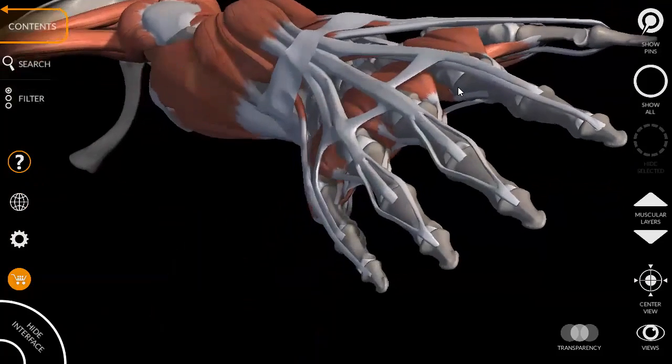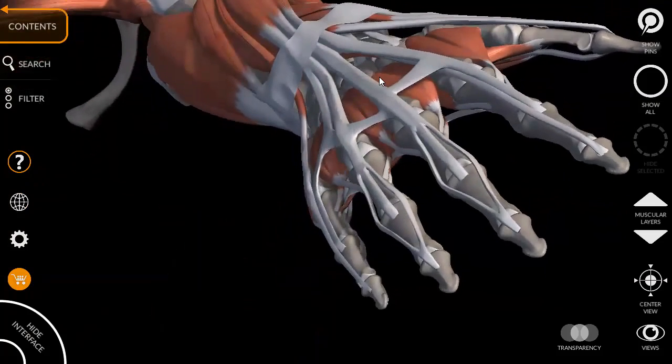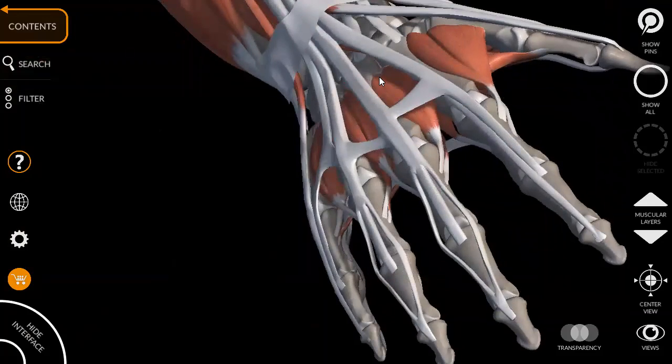This takes a lot of hours to dissect. When you're in a real anatomical lab, you might smell formalin. It's really not good for your health. You dissect every skin layer so that you can barely see what's in here, and you have to remove all of these.